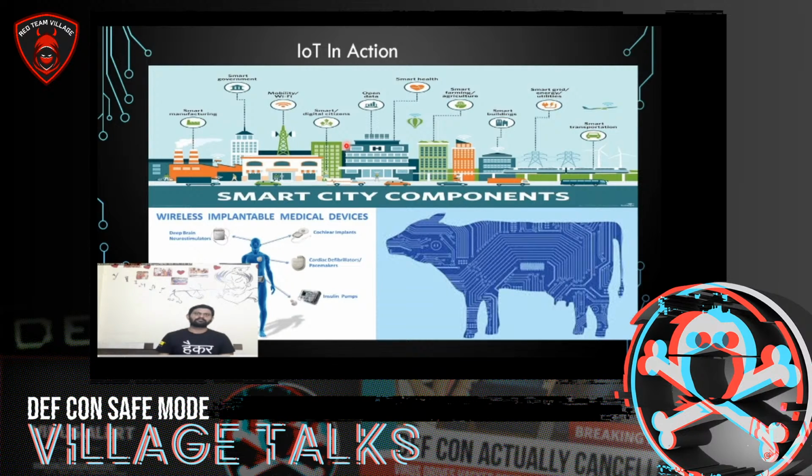Section 1 consists of IoT used at a large scale in industries, like manufacturing industries, government, and the cellular industry, that is internet providers, ISPs, then smart digital citizens, smart health, agricultural industry, smart building, smart grid, obviously, and lastly the transportation industry. So let's go through them one by one.